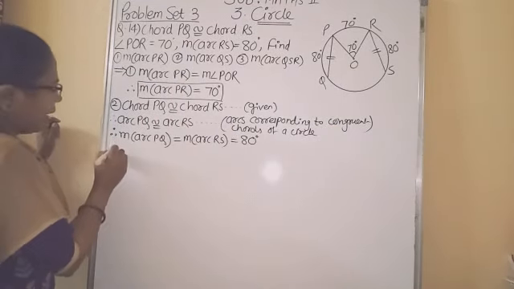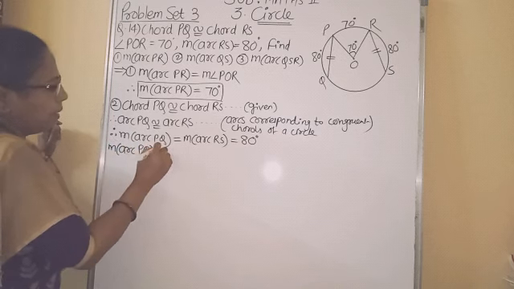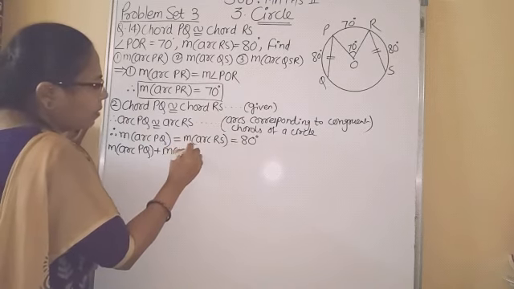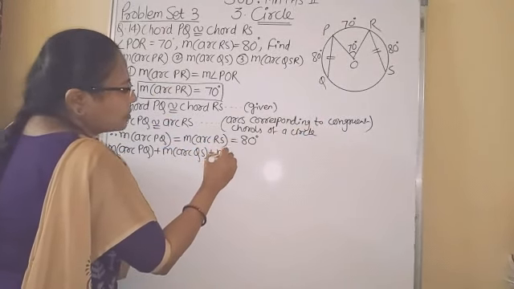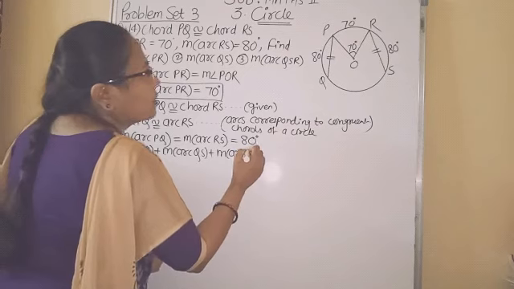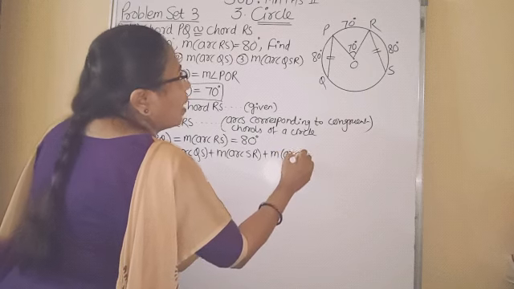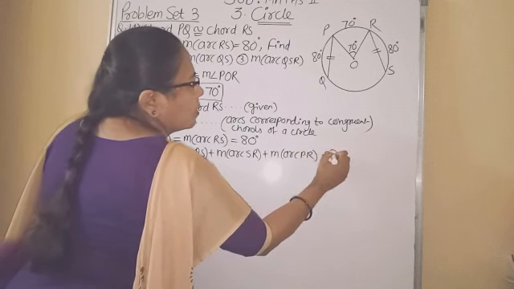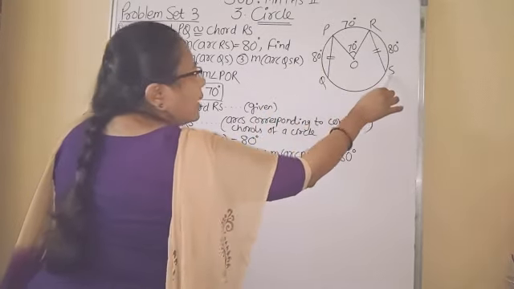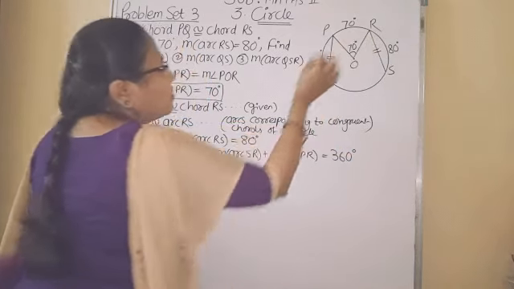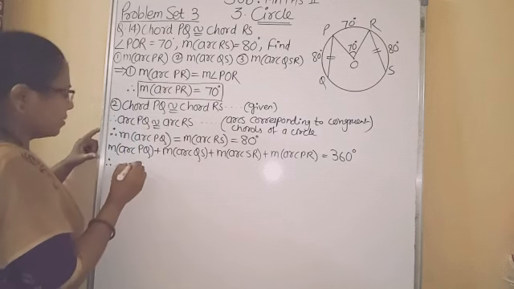See, measure of arc PQ plus measure of arc QS plus measure of arc SR plus measure of arc PR is equal to 360 degrees. Arc PQ we got how much? 80 degrees.